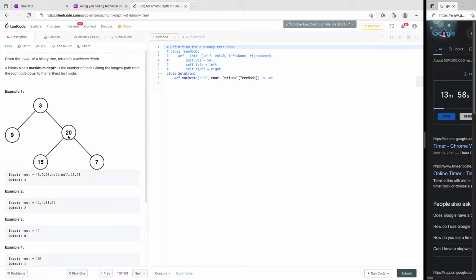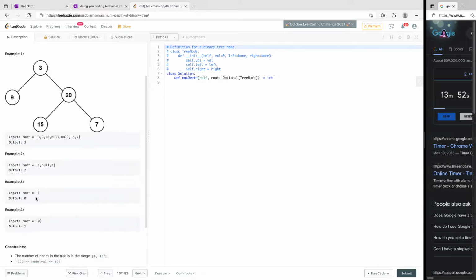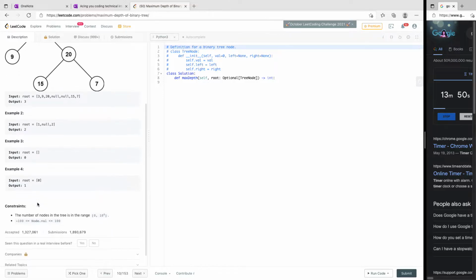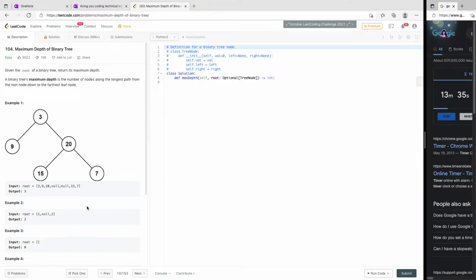So 1, 2, 3, or 1, 2, 3. So this is 2, this is 0, this is just 1. And the number of nodes in the tree could be up to this, and the value could be negative 100 to 100.